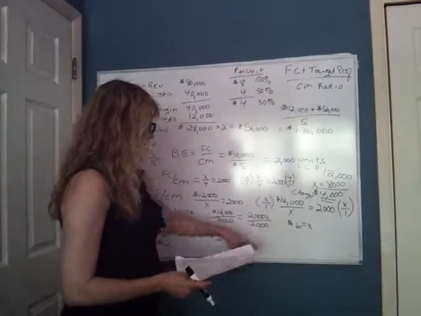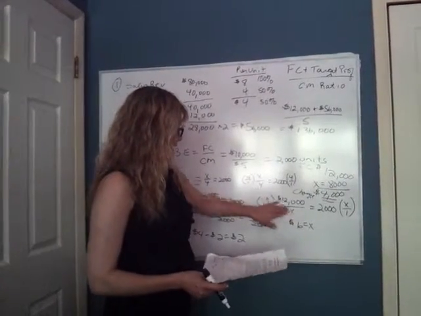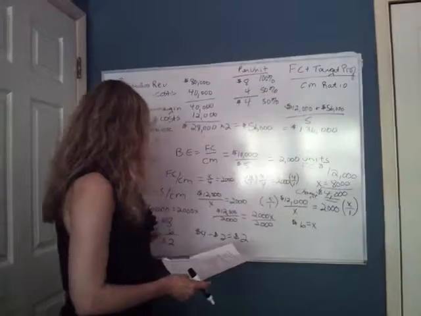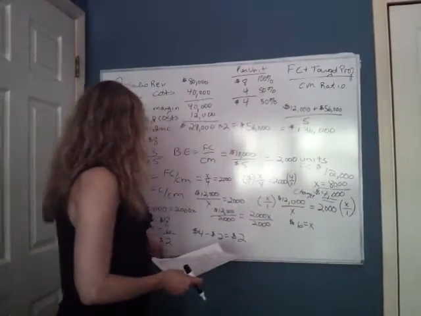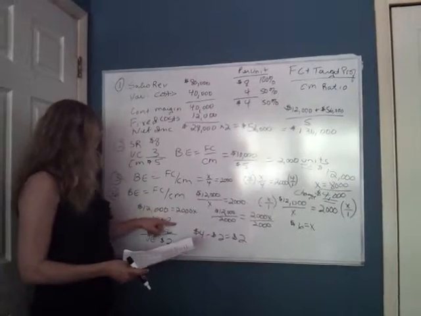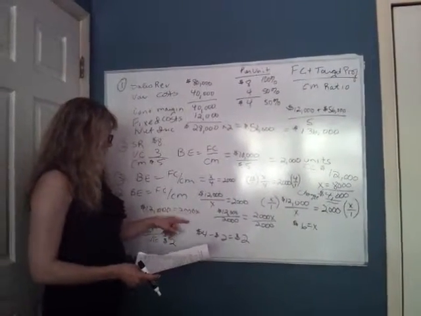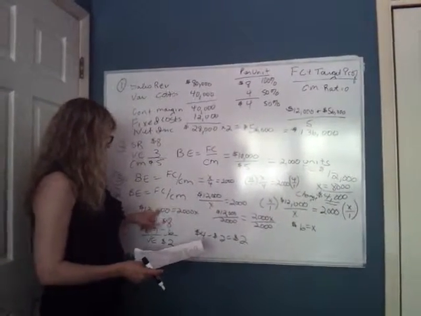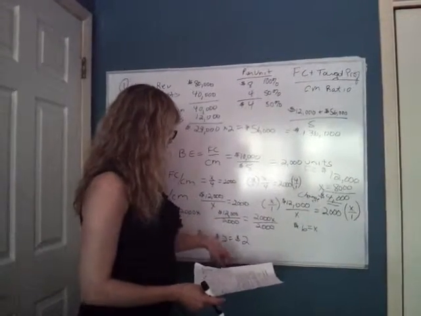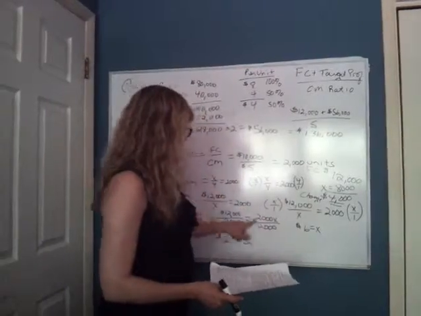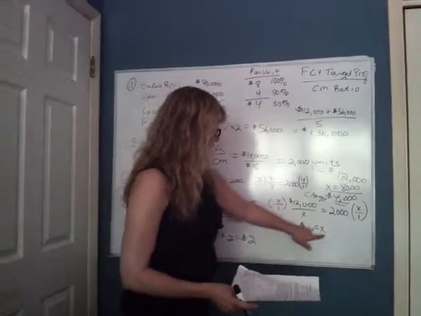And by doing that and canceling out on this side of the equation, my x's cancel. So I end up with 12,000, which I have over here. And I have 2,000x divided by 1, which is 2,000x. In order to get x by itself, I must divide each side of the equation by 2,000. So 12,000 divided by 2,000 equals 6. And 2,000x divided by 2,000 equals x.